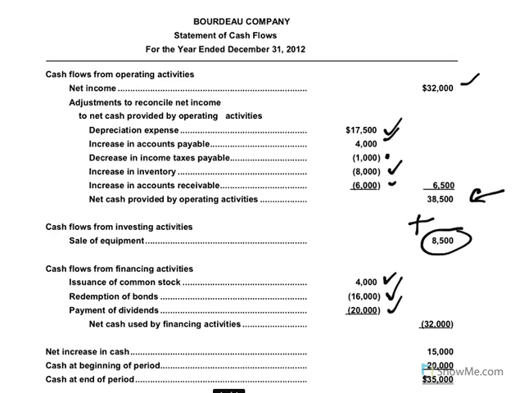So the total amount of uses was 32. So 38,500 plus 8,500 minus 32 is 15,000. And 15,000 positive, that's cash in over cash out. And the cash at the beginning of the year was 20,000, at the end of the year is 35, and I have therefore explained the change in cash flow.